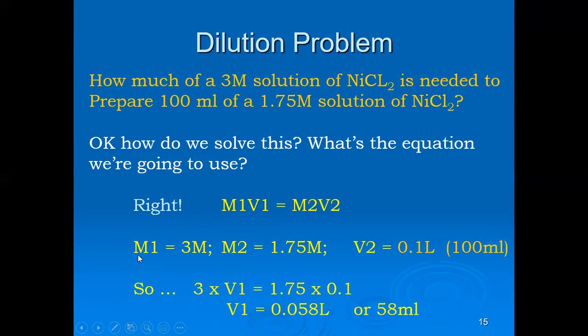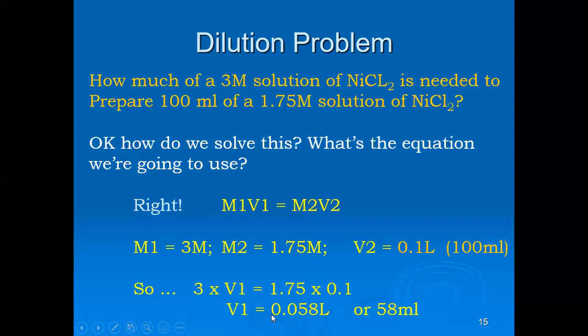So M1 is equal to 3 molar, M2 is equal to 1.75, and V2 is 0.1 liter or 100 ml, converting milliliter into liter. So just put the values: M1 is 3 multiplied by how much volume you would take from that original bottle or stock solution, and you have to prepare the new solution M2, which is 1.75 molarity and has 0.1 liter volume.